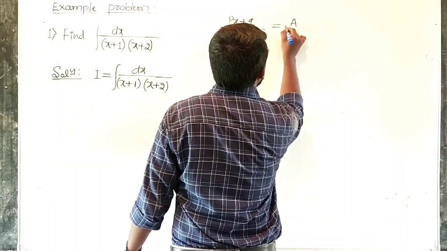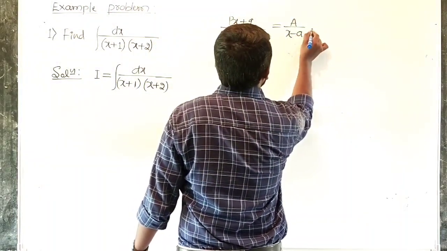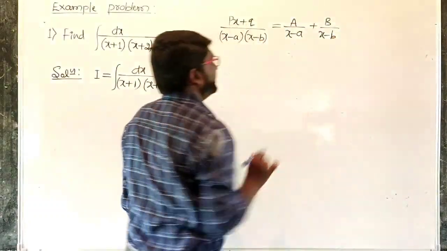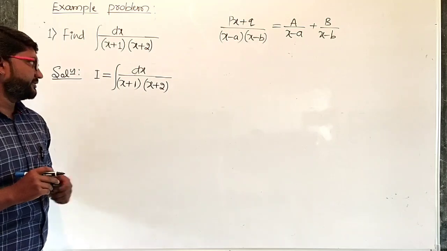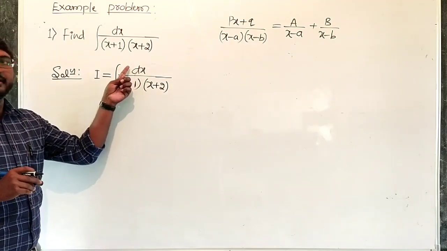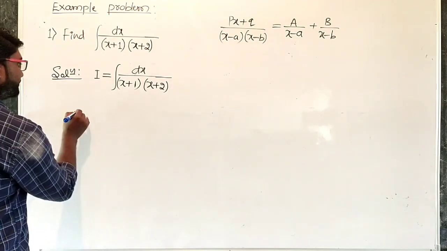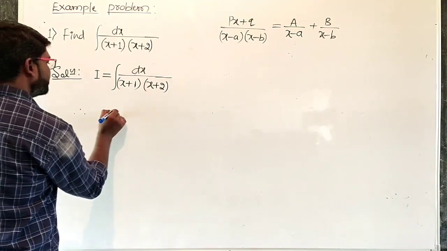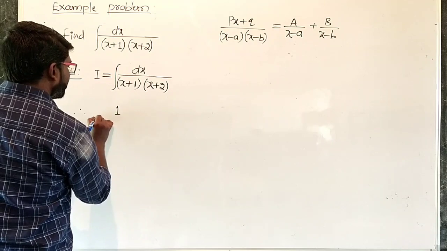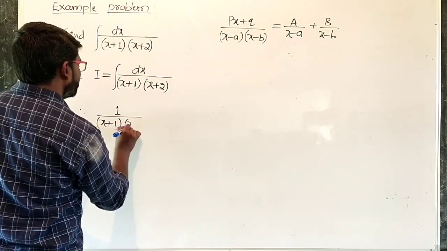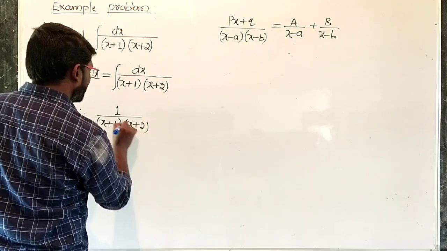It is a divided by (x minus a) plus b divided by (x minus b). This we have to make use of now. So I take up only the integrand, that is 1 divided by (x plus 1) into (x plus 2).